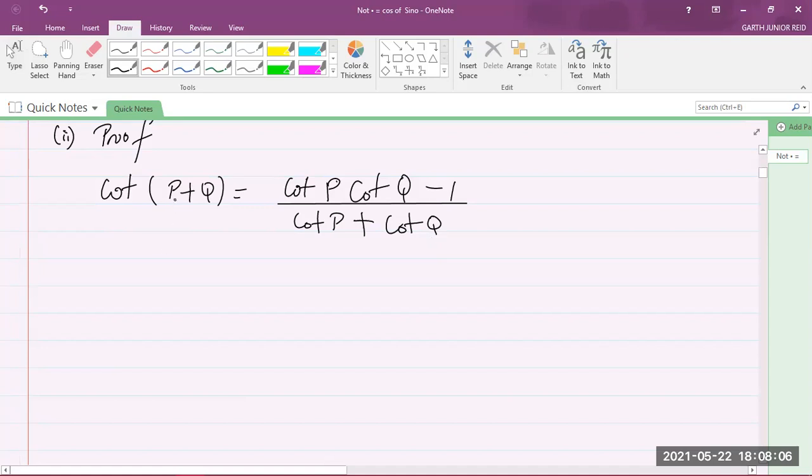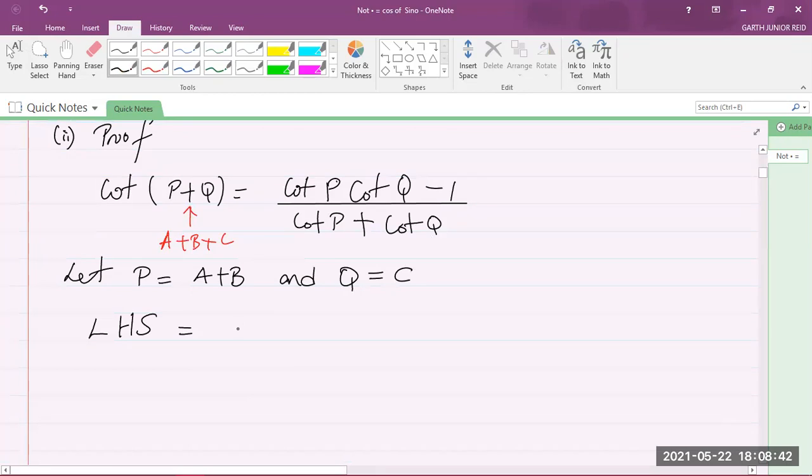So in order to get A plus B plus C, remember, that's what I want. What I'm going to do now is let P be equal to A plus B, and let Q be equal to C. If I do that, what will I get?